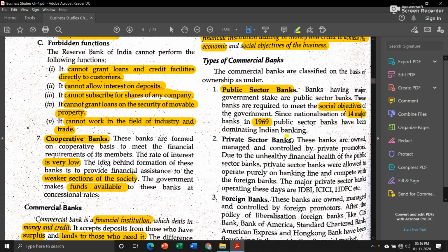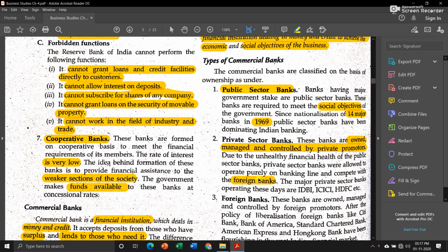Then next is the private sector bank. These banks are owned, managed and controlled by private promoters, meaning the government does not control this kind of bank. Due to the unhealthy financial health of the public sector banks, private sector banks were allowed to operate purely on banking lines and compete with foreign banks, because the condition of public sector banks was declining day by day.